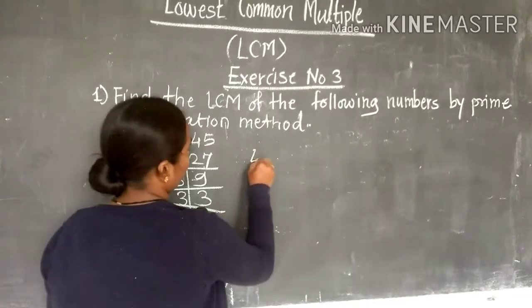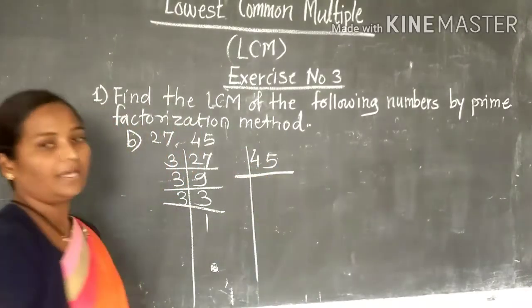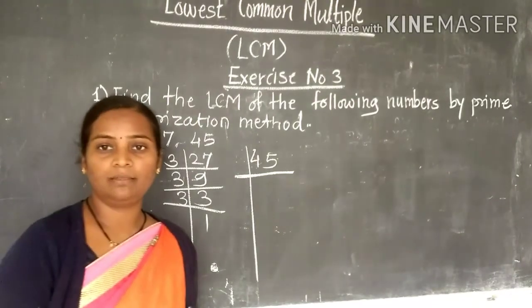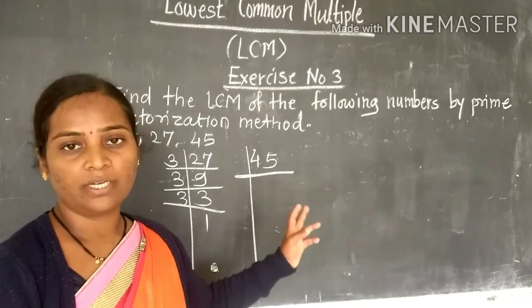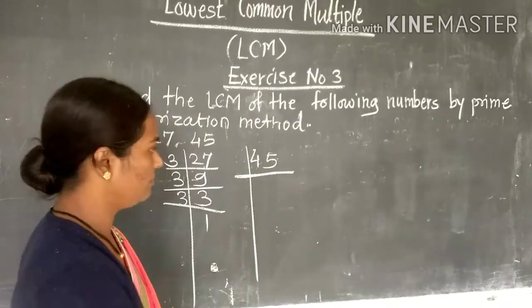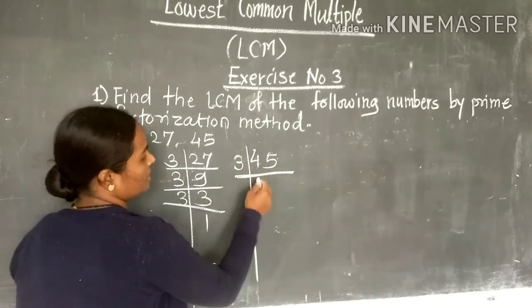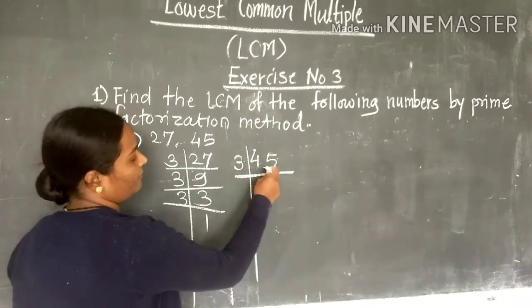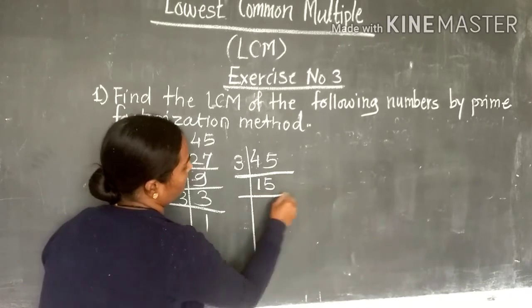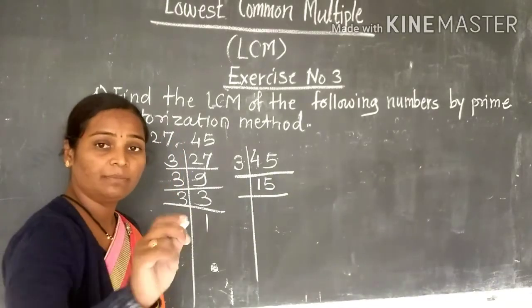Next, for 45 what will we get? See, this 45 is divisible by 3 because 5 plus 4 is 9 and 9 is divisible by 3. Write down the quotient: 3 1s are 3, remaining 1, 15. 3 5s are 15. Now we got 15, which is again divisible by 3.